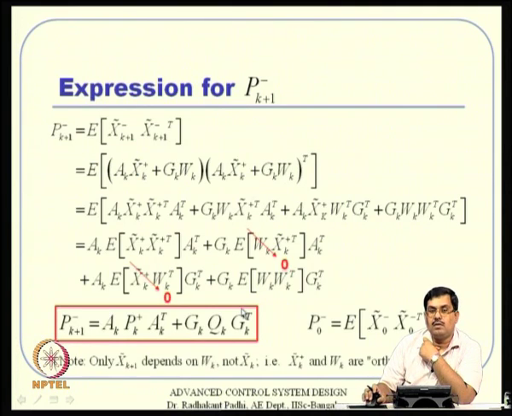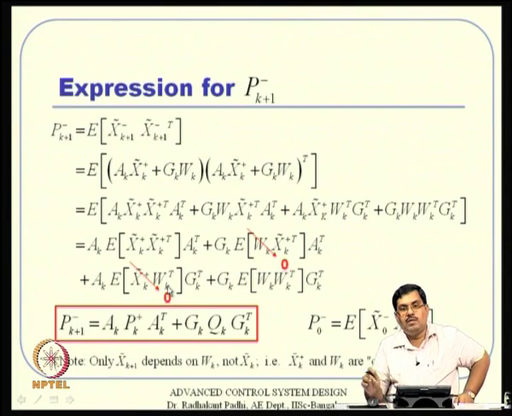Now I can take P k plus 1 minus, which is the expected value of this times its transpose, and this one I just derived is like this. I will take the transpose of that also, then expand this transpose and multiply, do the algebra. And remember, these cross correlations are 0. So, the expected value of w k and x tilde k is 0, and this is also 0.